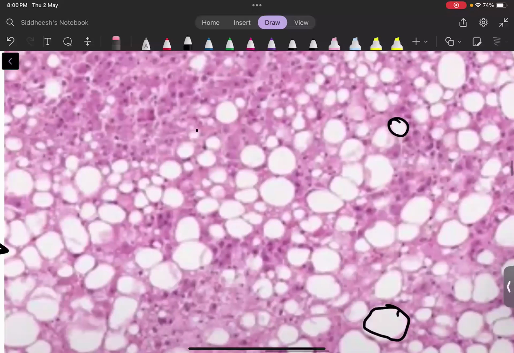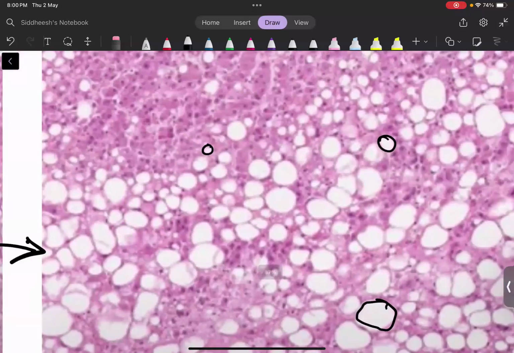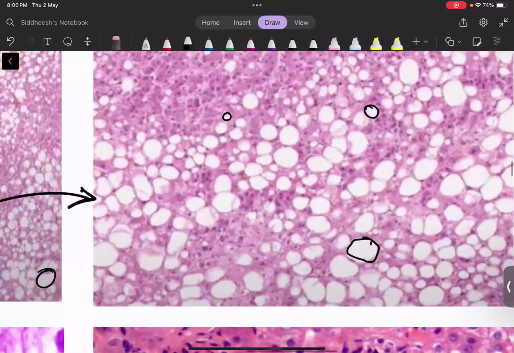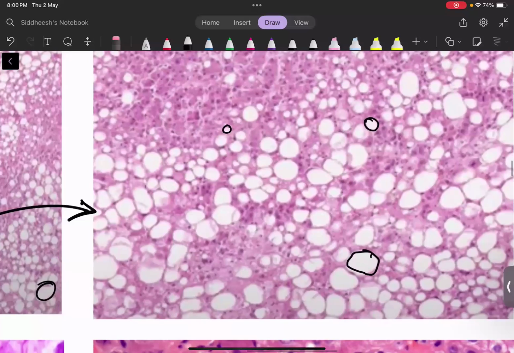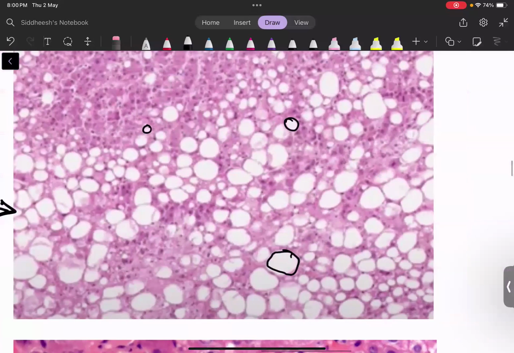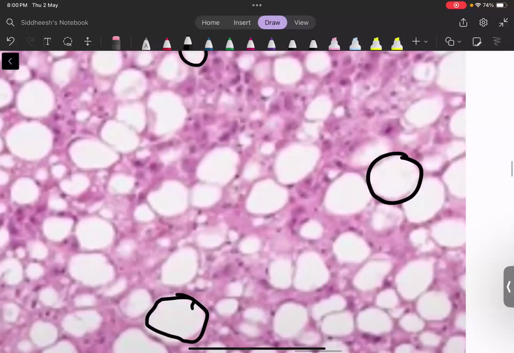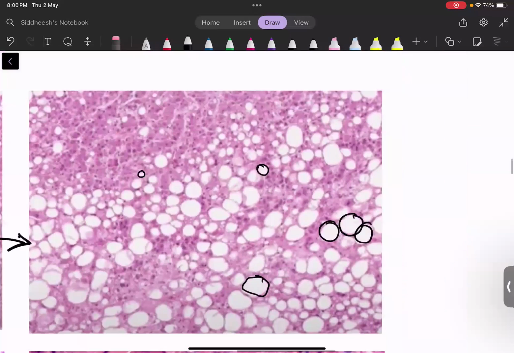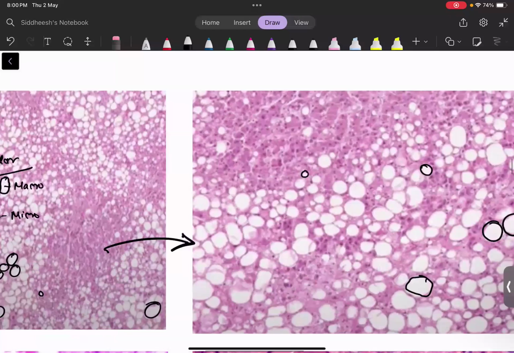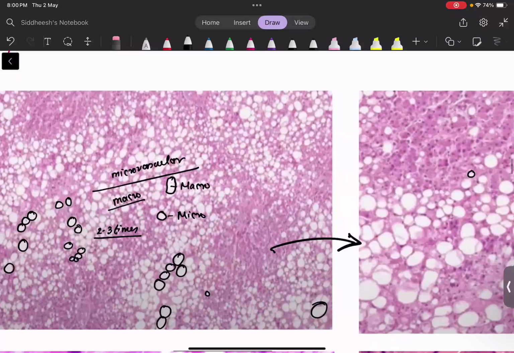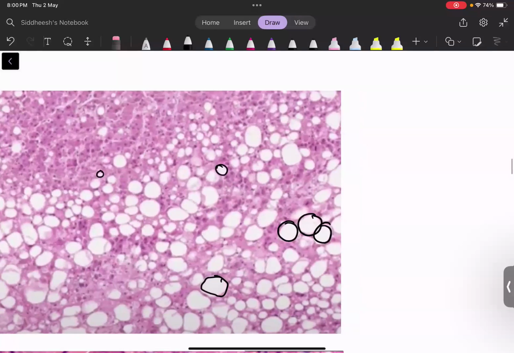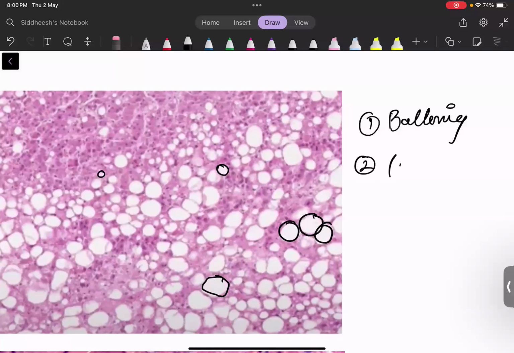This is what? Micro or macro? Perfectly fine. Now, one last question. This is what? Micro or macro? Macro. Perfectly fine. Now, can you remember the two characteristic features of NASH? One is what? Ballooning of hepatocytes. Second is what? Lobular inflammation or lobular degeneration.